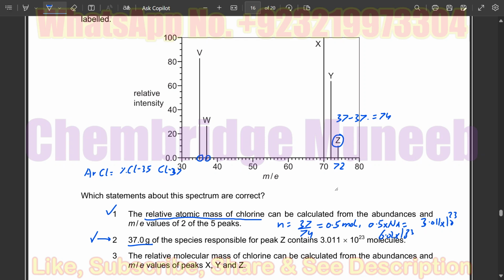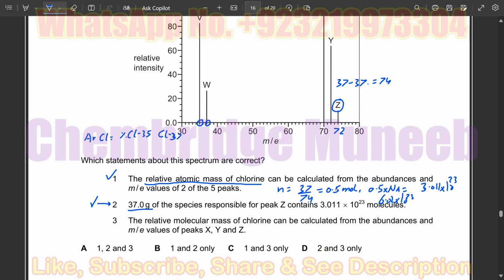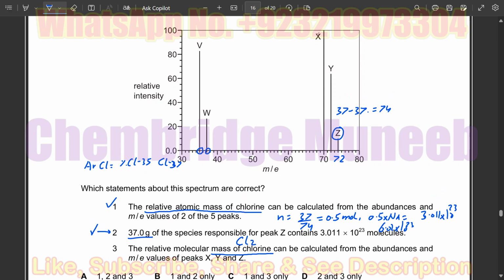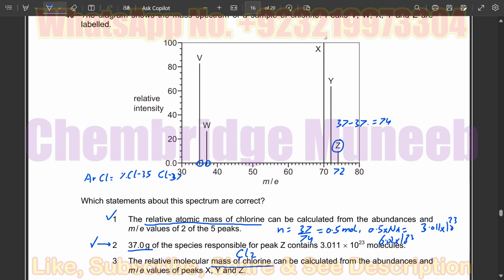Now option 3: the relative molecular mass of chlorine can be calculated from the abundances and the m/e values of peaks X, Y, and Z. So they are asking, can we calculate the molecular mass of chlorine, which means Cl2, from the abundances given and the m/e values of peaks X, Y, and Z. We have the peaks given: this one is 100%, this one is 60% almost, and this one is 10%.